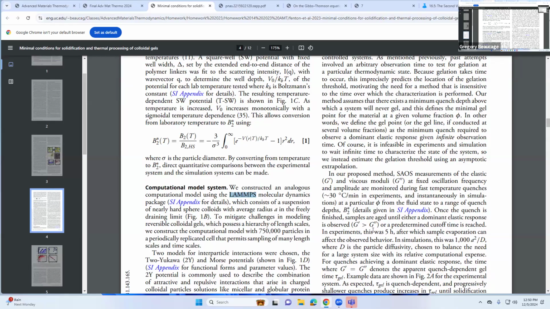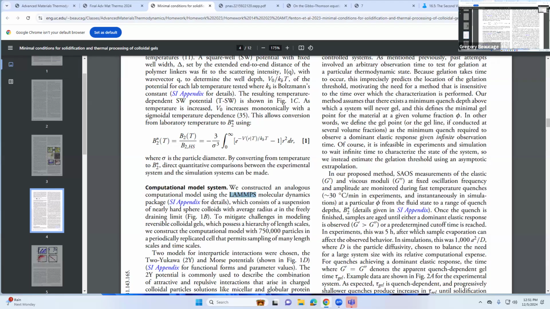So the question is, he's got three models for three mechanisms that can explain how gelation happens. The first one is a percolation model, the second is a phase separation model, and the third is glassy arrest.